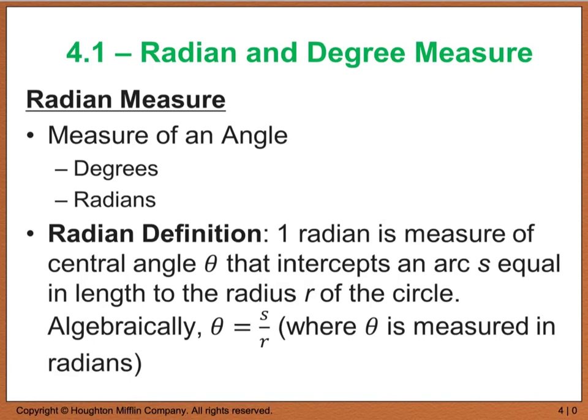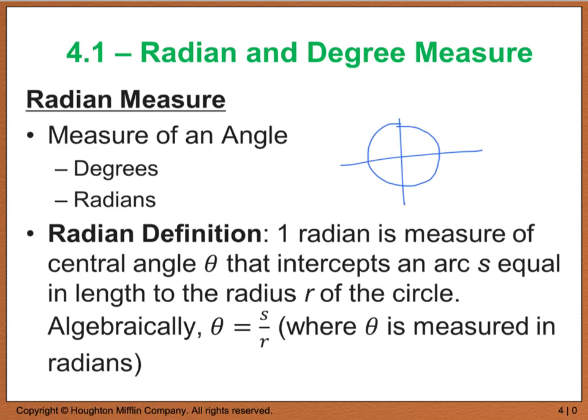A radian is defined as the measure of a central angle, and if you remember, the measure of a central angle is essentially just, let's see, if we have a circle and it's drawn like this, the central angle of a circle is one whose vertex is the center of the circle.